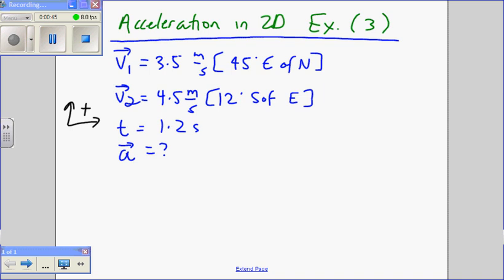Second thing that we do when we solve with x and y components is we sketch the vectors. I'm going to do it off on the side here. So 45 degrees east of north would look something like this. And that would be my y component. There would be my x component right there. 3.5.